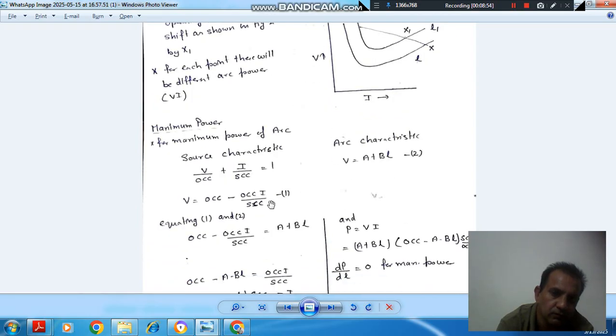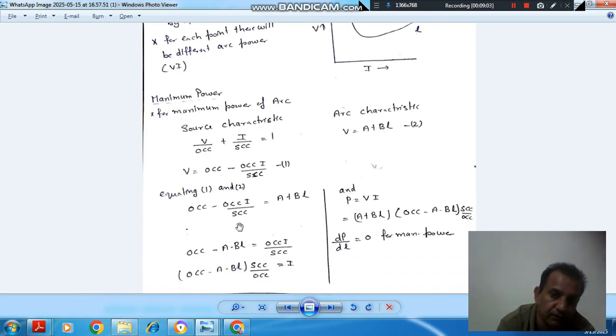Now we can equate these two for a particular operating point. By equating these two, we get I as OCV minus A minus BL within brackets, times SCC by OCV. So now I is known in terms of L.